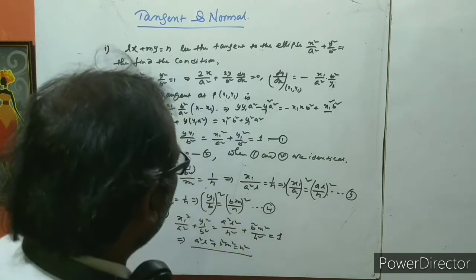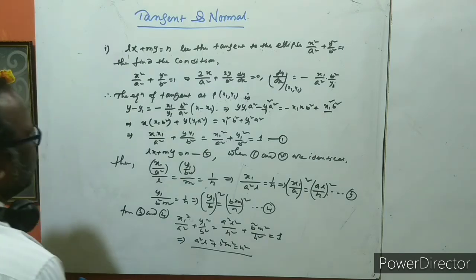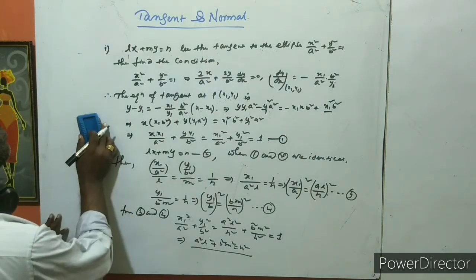Now find the normal. Now I want to find the condition for the line to be a normal to the ellipse, and this is the equation of the tangent. Now use this theorem to easily find the normal.